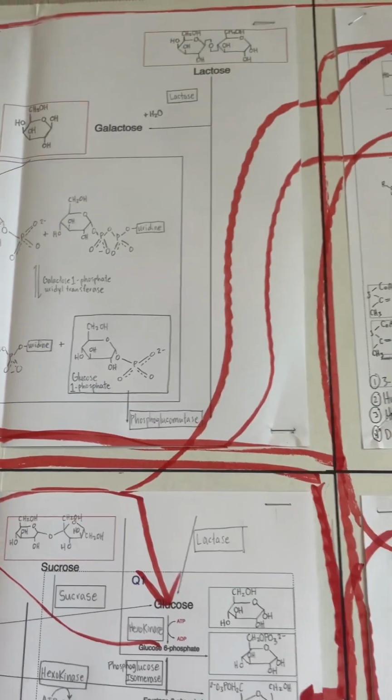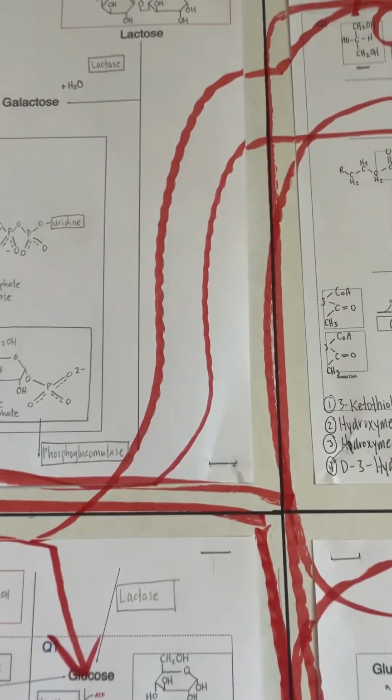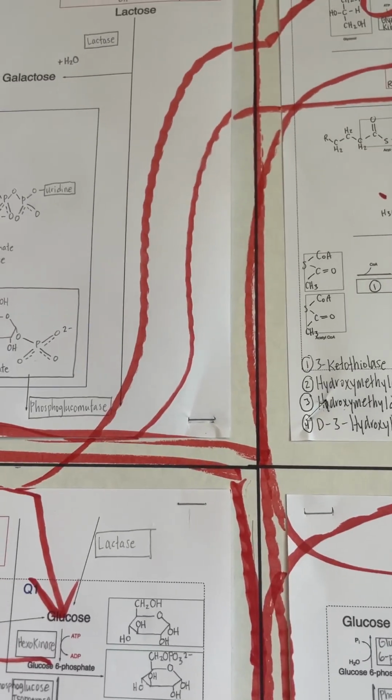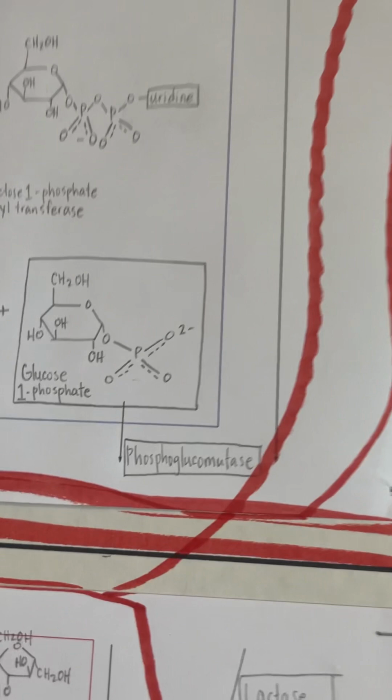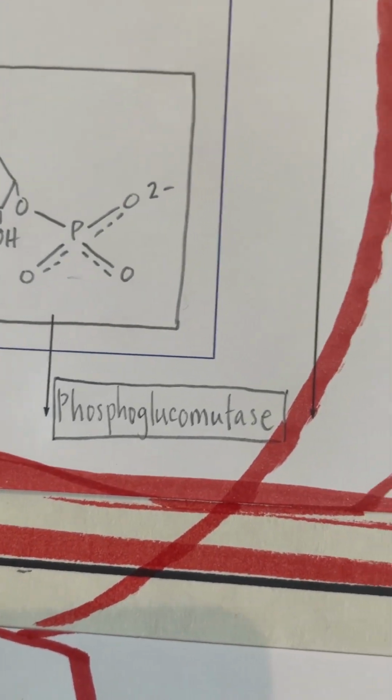Okay. Oh, and it's also important to note that lactose and galactose can also be synthesized to form glucose 1-phosphate, and that will eventually yield our glucose 6-phosphate through the use of our phosphoglucomutase enzyme. Okay.